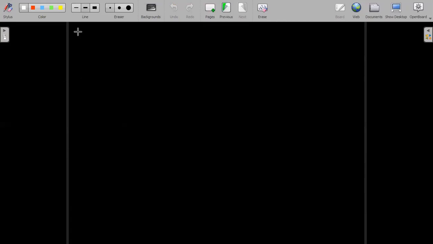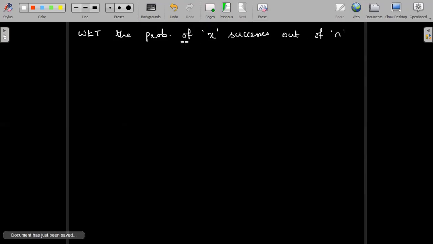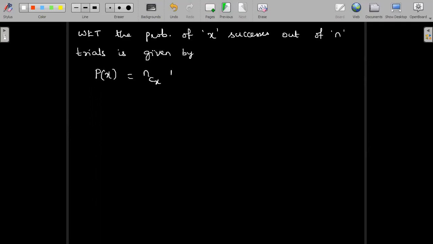We know that the probability of X successes out of N trials is given by, let us write down P of X by the binomial distribution. This is NCX P power x, Q power n minus x.